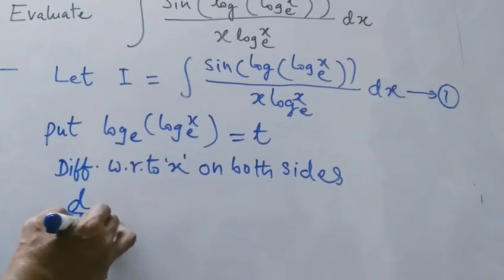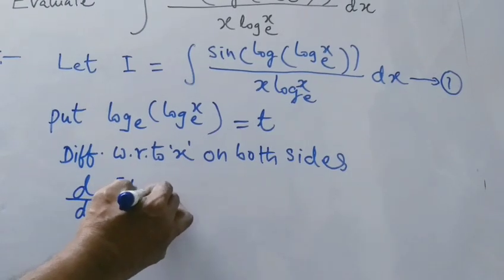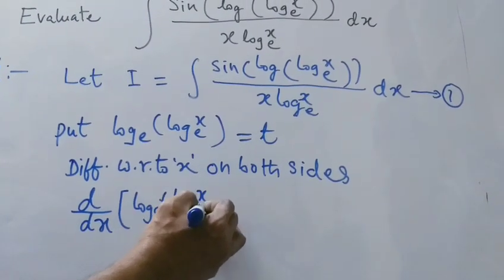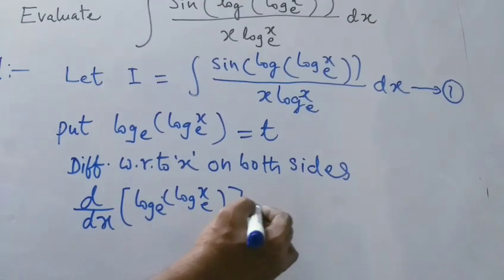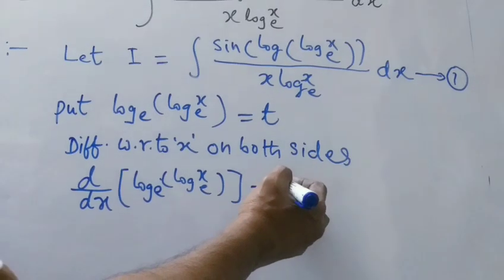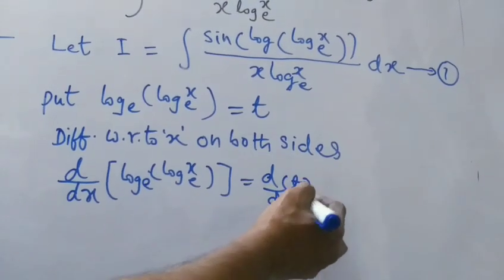d by dx of log of log x to the base e is equal to d by dx of t.